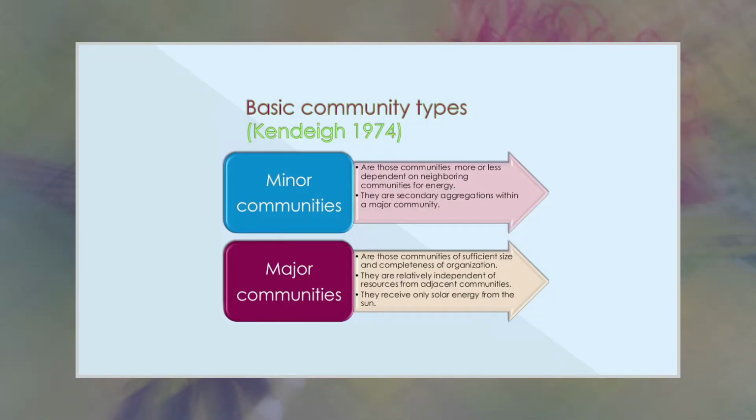According to him, major communities are those which together with their habitats form more or less complete and self-sustaining units and having an indispensable input of solar energy. Minor communities, societies, on the other hand, are secondary aggregations within a major community and are not therefore completely independent units as far as circulation of energy is concerned.